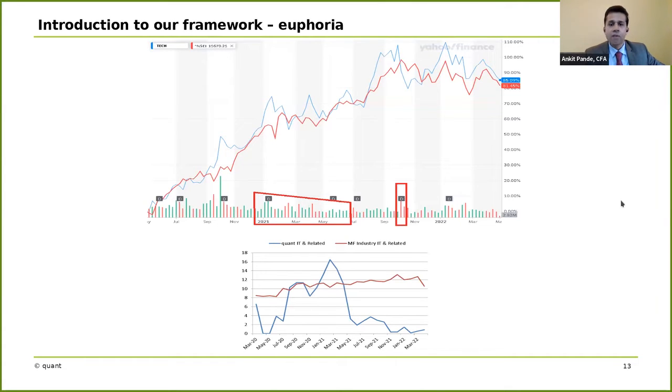So there again, you have a classic case where through 2020 and 2021, the IT sector did outperform, but there was a euphoria. When the sign of euphoria was there in the first half of 2021, we started to take note of that and we decidedly went underweight around the middle of 2021.